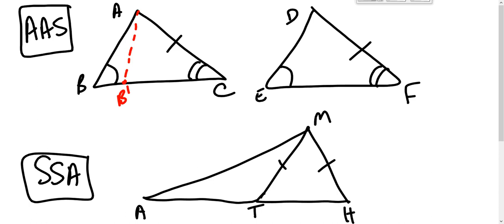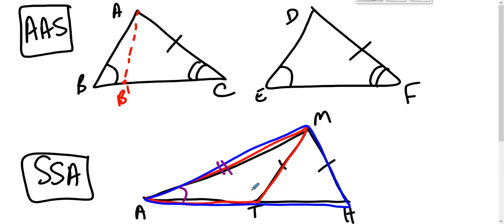I should point out that this red triangle shares side side angle with this blue triangle, because both the red and the blue have this side, and both have this angle. And so the red triangle has side side angle, the blue triangle has side side angle, but those triangles are very not congruent. In particular, angle MTA is obtuse and angle MHA is acute. And so those two triangles are very not congruent.